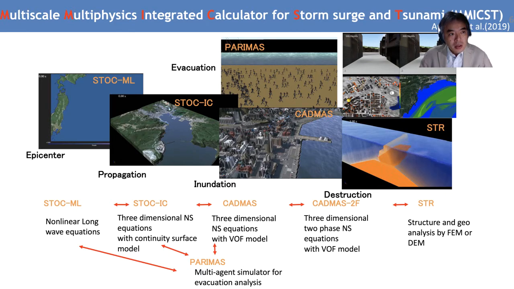This is the main engine to create the database for supporting evacuation. We call this numerical system a large-scale, multi-physics integrated calculator for storm surge and tsunamis. So we can calculate from the epicenter to the town.